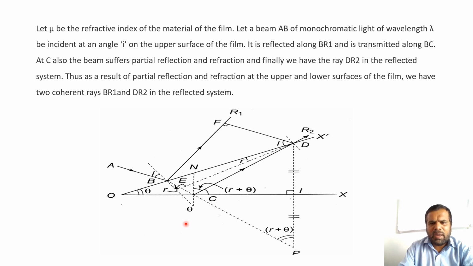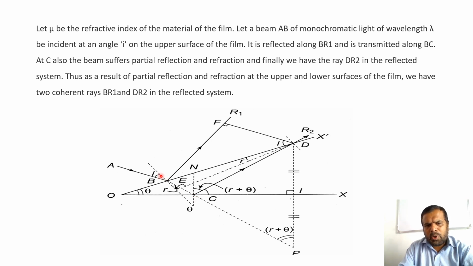Now draw the perpendiculars DF to BR1 and DE to BC in such a way that BE is equal to EC.